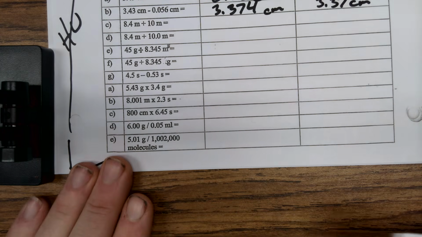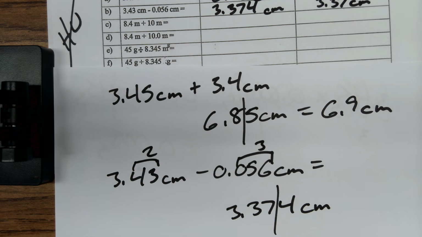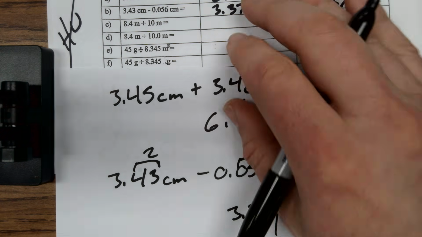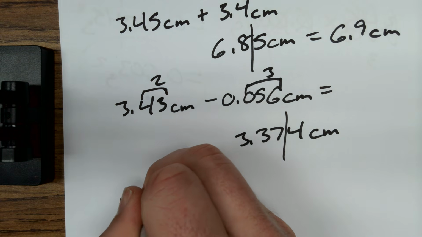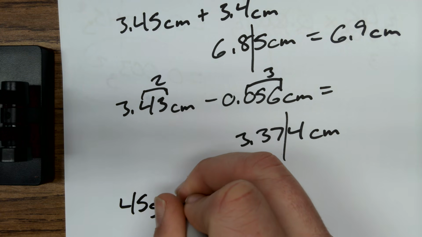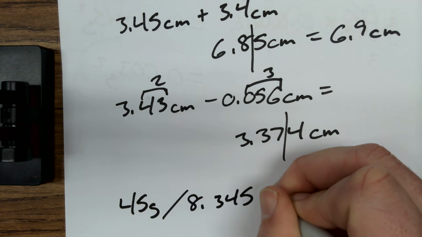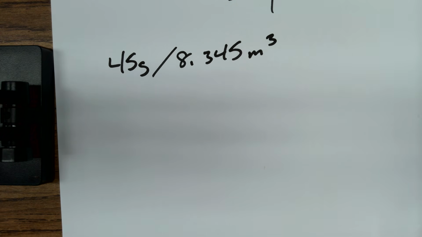Let's do one more for good measure. Let's do F. 45 grams divided by 8.345 meters cubed. What is the answer you get when you punch that into your calculator?